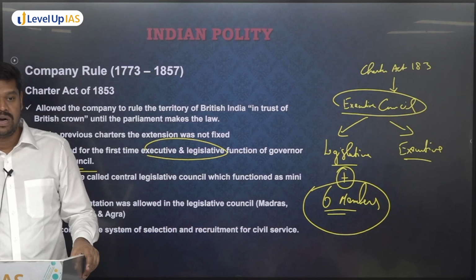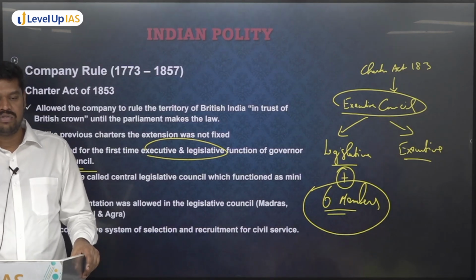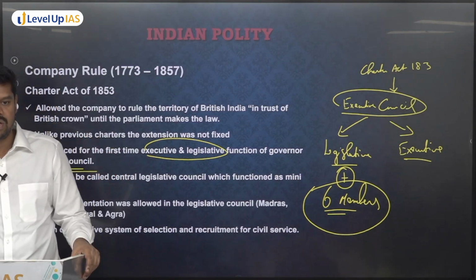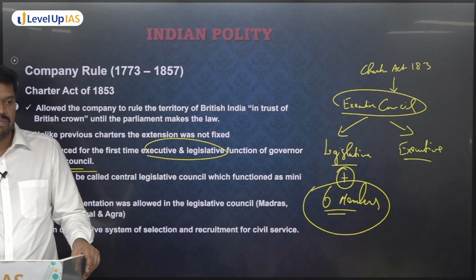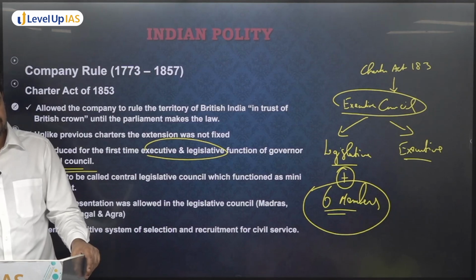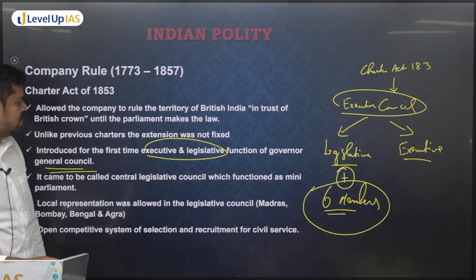So that is why you'll have to understand the topic of historical background, historical underpinning. And the Government of India Act 1935 itself carried forward a number of other reforms which happened over a period of time. So that is why this topic becomes very important, the historical background or the constitutional development. We are trying to understand gradually how all these constitutional developments happened. Is that clear? Okay. So now coming back to the Charter Act of 1853.